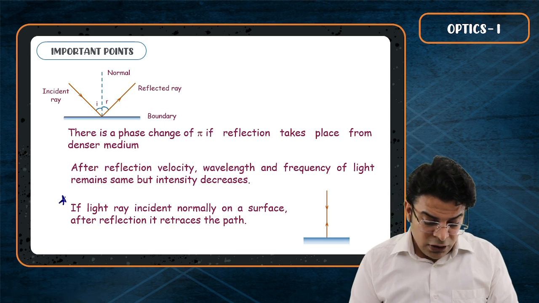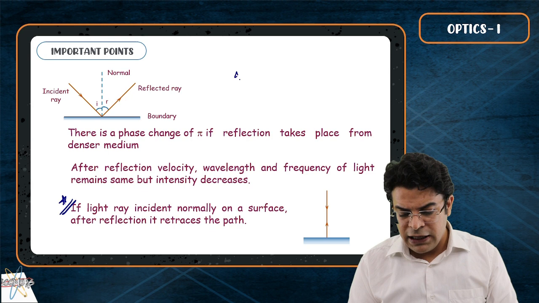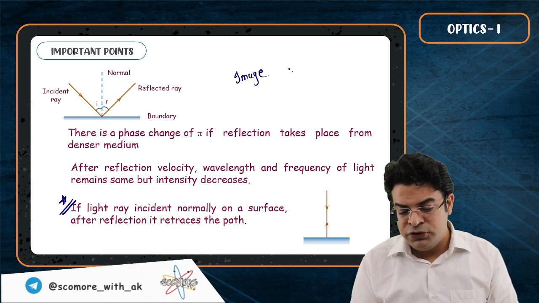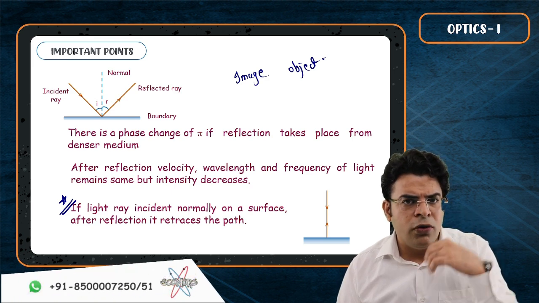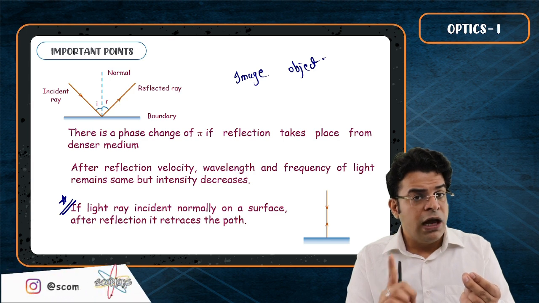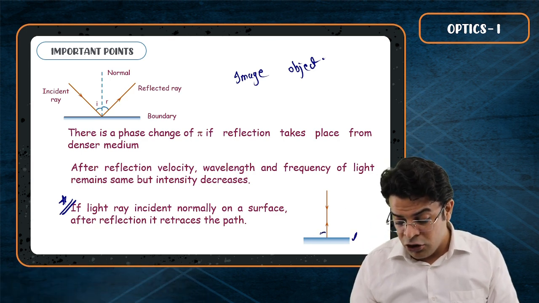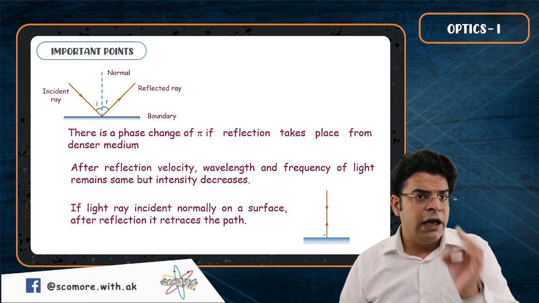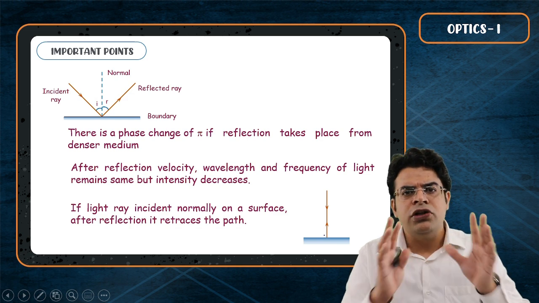This concept is important wherever you find a question where the image is formed on the object itself. If the image is formed on the object itself, it means that light has somewhere retraced its path. And for the light to retrace its path, it must have hit a mirror normally. In many a question you will find that the final image is formed on the object.